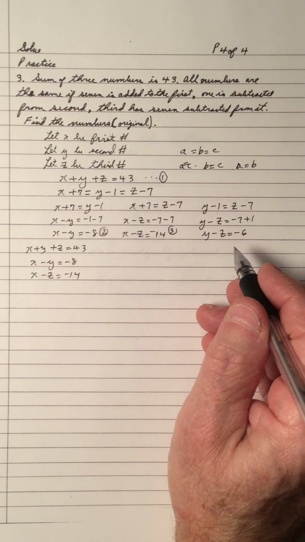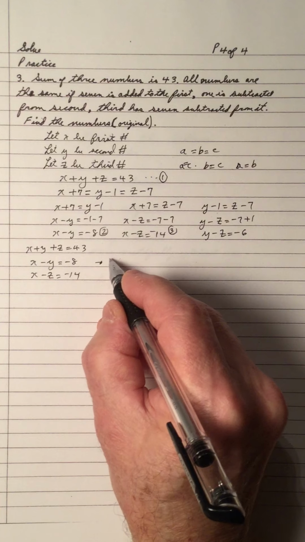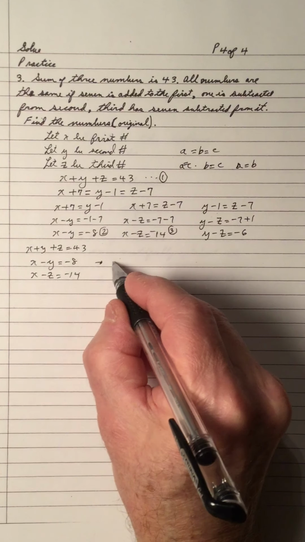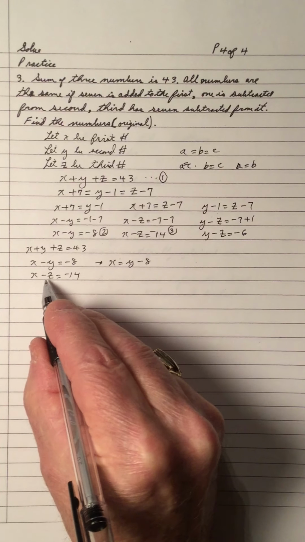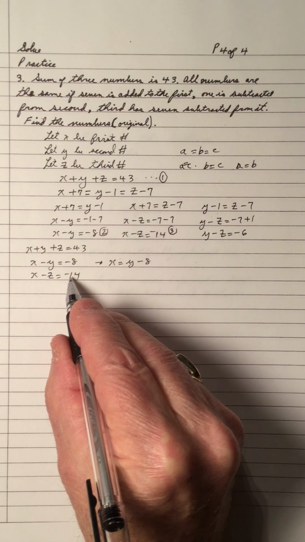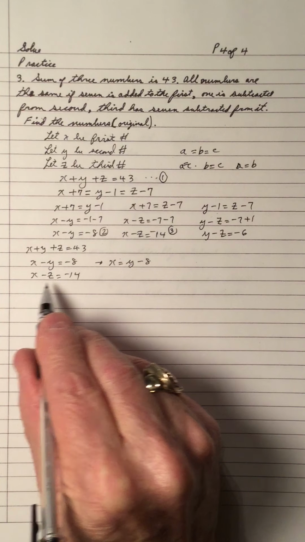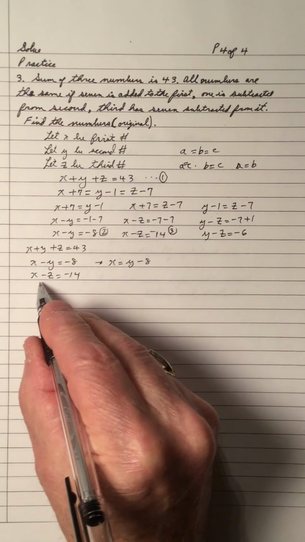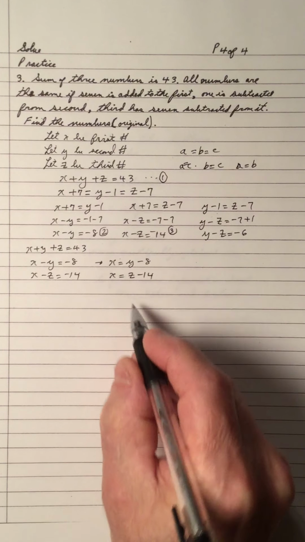That seems to work really well. So I'm going to take this equation and solve it for x. x equals y minus 8. I'm going to take this equation and solve it, so x is equal to z minus 14.